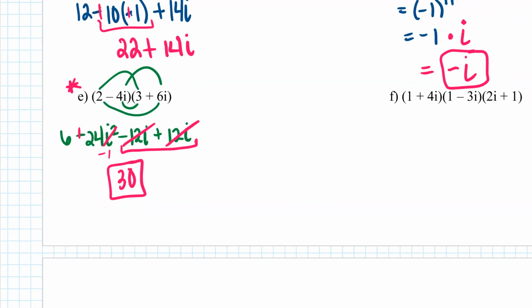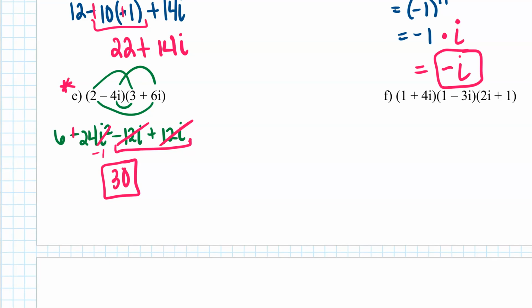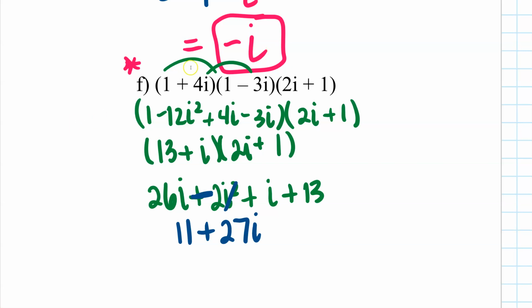But I am going to have you do part F on your own. I know you can FOIL, I know you can collect like terms, and now we're practicing that with i, so go ahead and do that now. All right, so when you FOIL out the first two binomials, you end up with 1 minus 12i squared plus 4i minus 3i. So when you simplify that, you actually end up with 13 plus i.